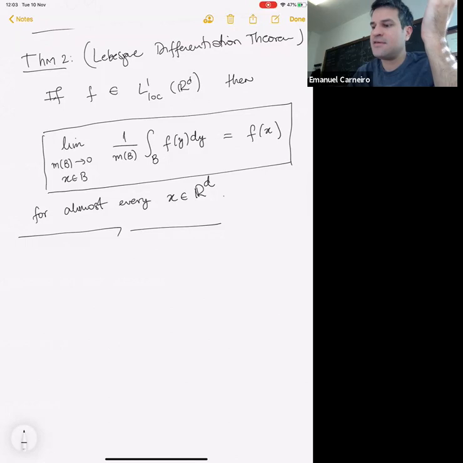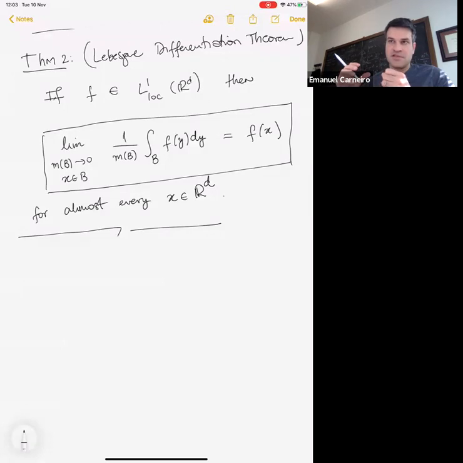If you take any integrable function f, which could be a crazy function, and you take averages of this function around each point with balls that contain that point, and you make these balls shrink to 0, the limit of these averages will go back to the value of the function at that point for almost every point in Rd.